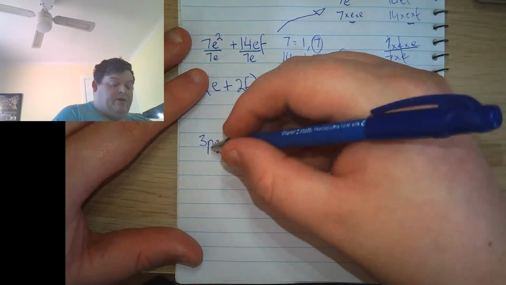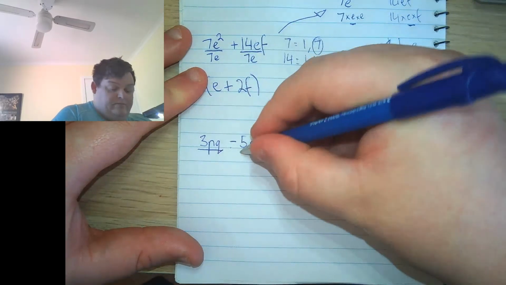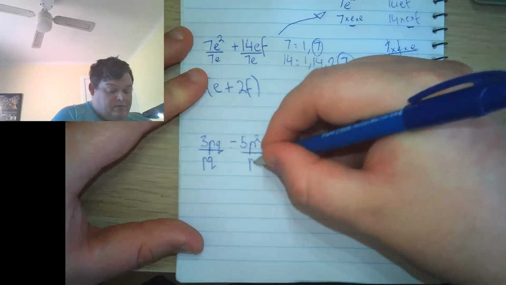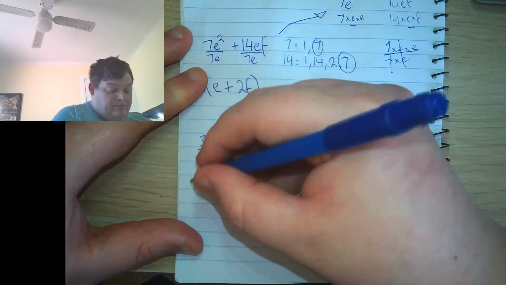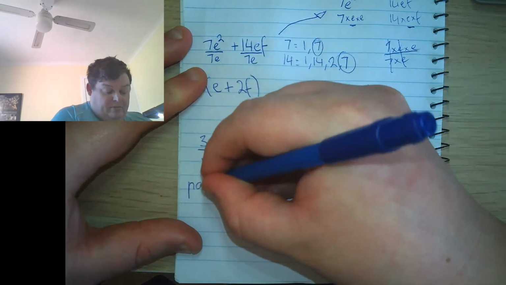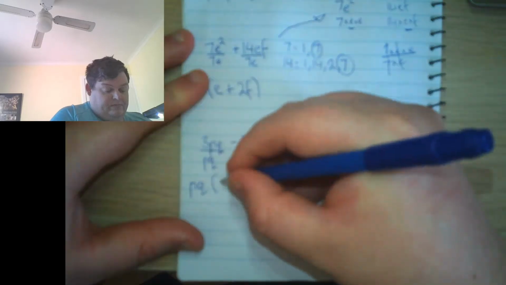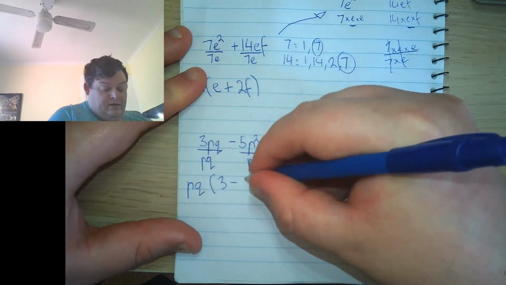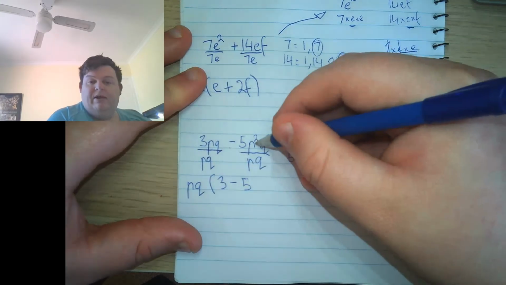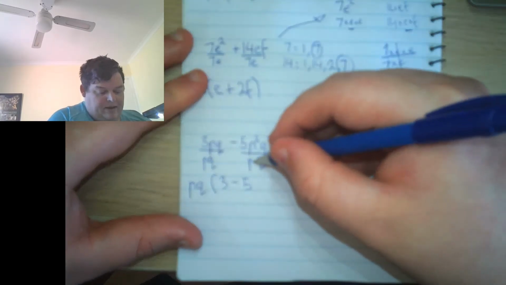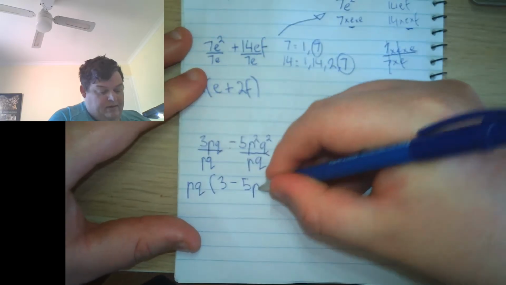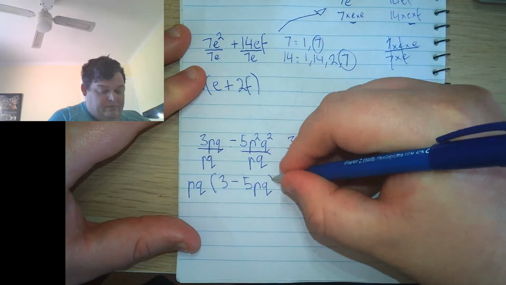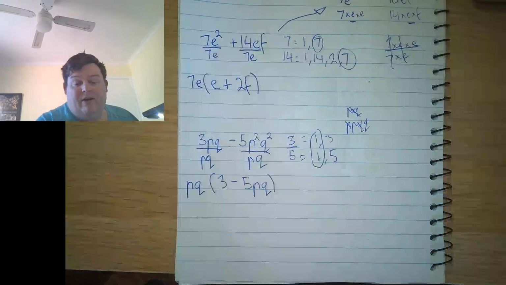So we can divide both of these by pq, and that will give us, outside in the brackets, pq. We have a 3 minus 5. Now, if it's p squared divided by p, that leaves just 1p. If it's q squared divided by q, that just leaves 1q. So that is our simplified version of that.